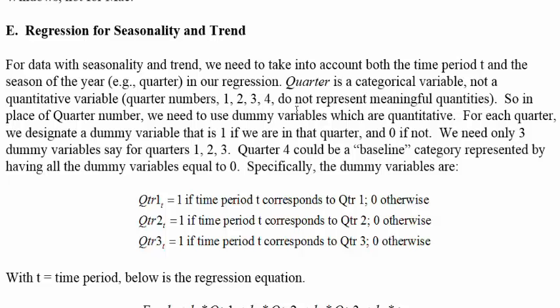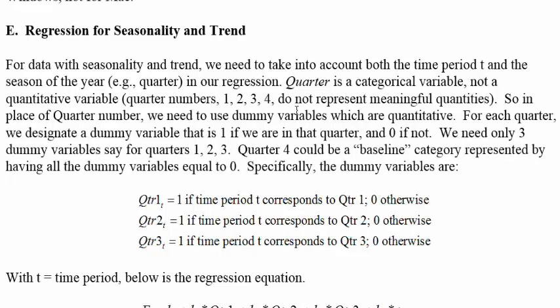So when you have a categorical variable that doesn't represent some real quantity, to use regression, you could translate that into other variables that are quantitative. This is where dummy variables come in. You're going to make up these other variables that are quantitative that we could use in regression.